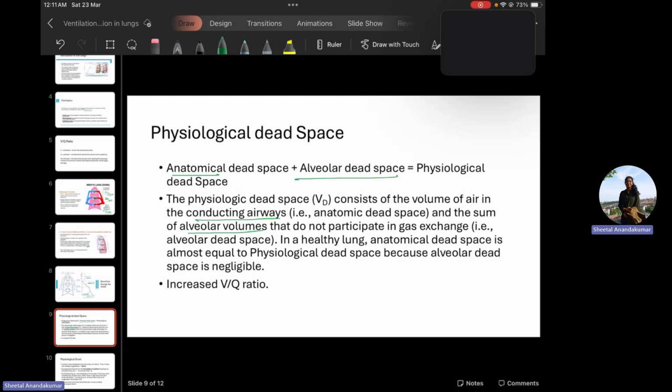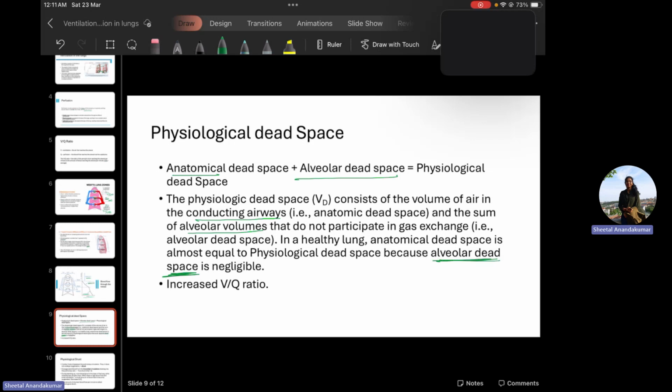In such places, there is alveolar dead space. In a healthy lung, anatomical dead space is almost equal to the physiological dead space, but alveolar dead space is really negligible. So now we'll talk about physiological shunt.